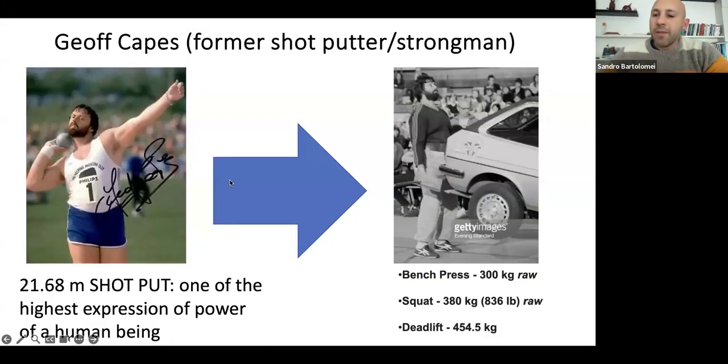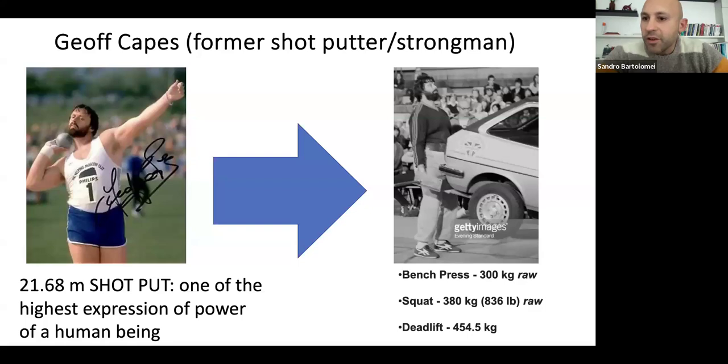Okay, some examples. For example, this English shot putter of the 80s, Geoff Capes, was able to throw the shot 21.68 meters. That is quite a good measure. Then he became one of the first strongmen, and he was able to bench press 300 kilos raw, squat 380 kilos, and deadlift 454 kilograms.